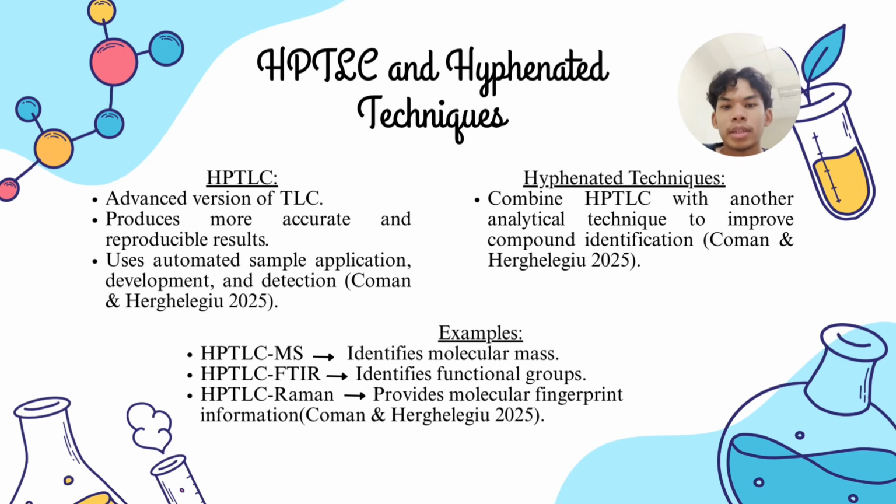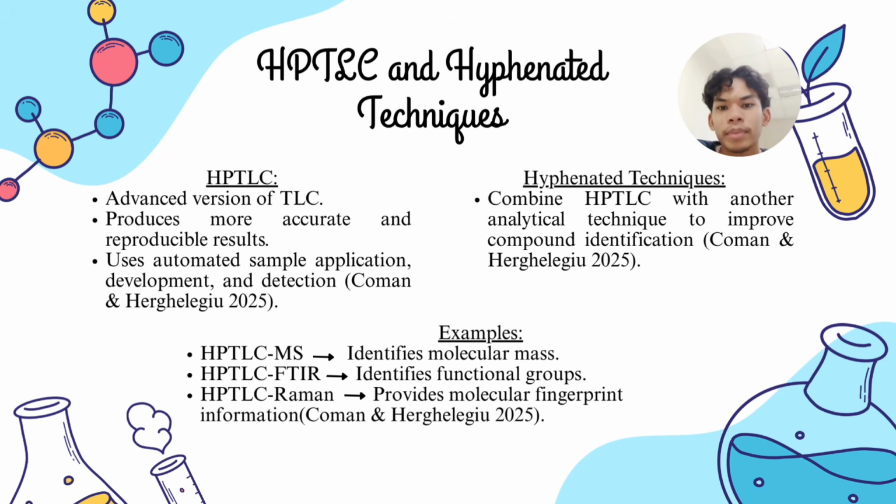I will briefly explain HPTLC and hyphenated techniques. HPTLC is an improved version of conventional TLC. It gives more accurate and consistent results because it uses automated sample application, plate development, and detection. Another important development is hyphenated techniques. These techniques combine HPTLC with another analytical method to improve the identification of compounds.